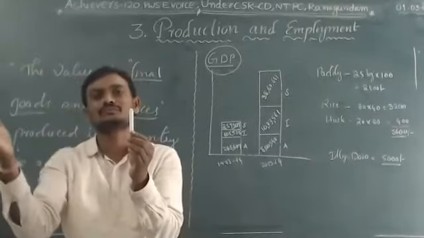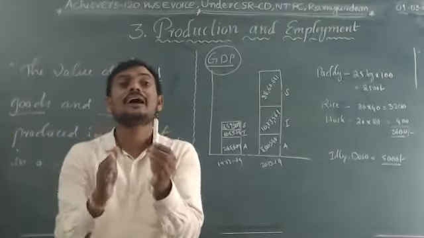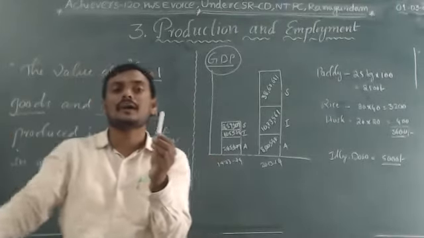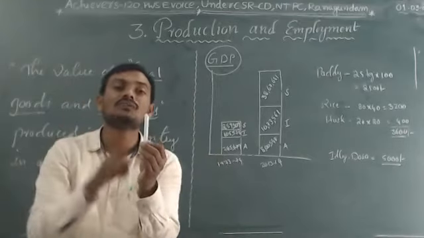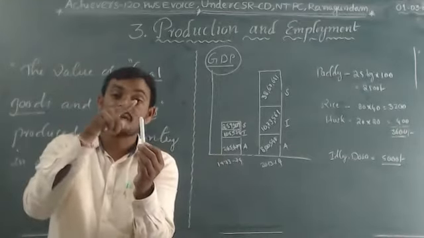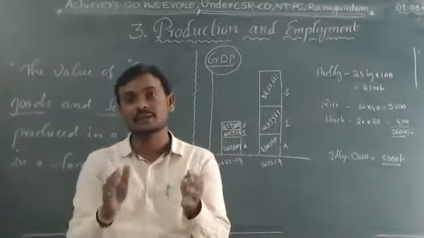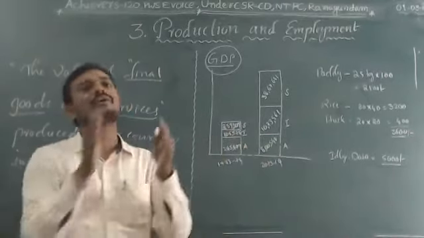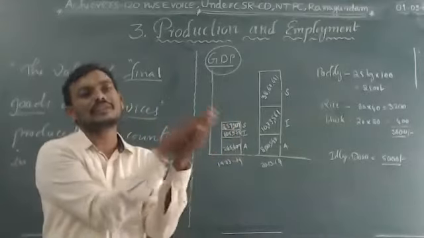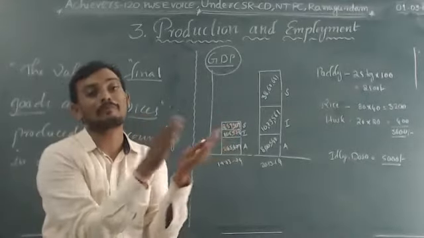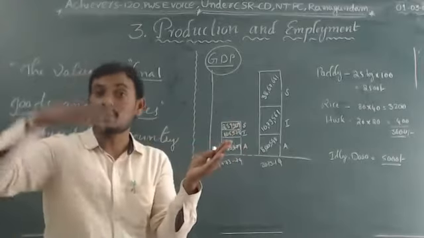When we estimate or count GDP, we have to take the value of final goods and services only, not intermediary goods. There is a value for intermediate goods also, but we do not include them. If we include them, what happens? The GDP will be counted double.